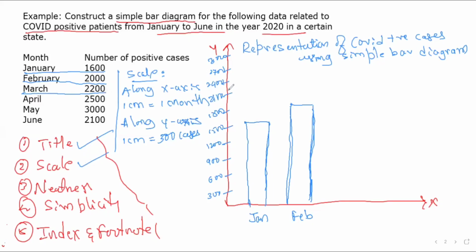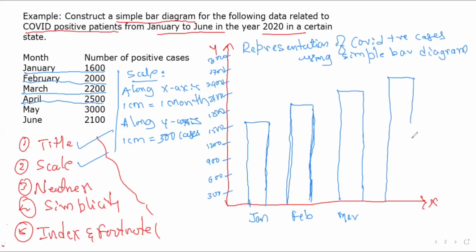Next, for March 2200. Somewhere we have 2100, so here 2200. We need to draw a bar. This is for March. Then for April 2500. Next for May, it is 3000. Somewhere 3000 exists here.